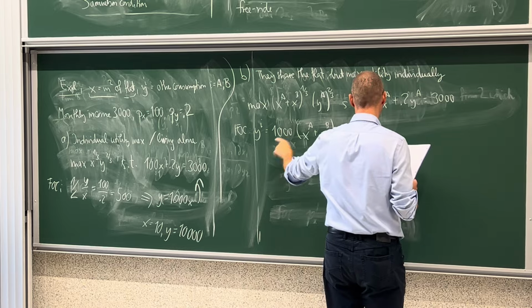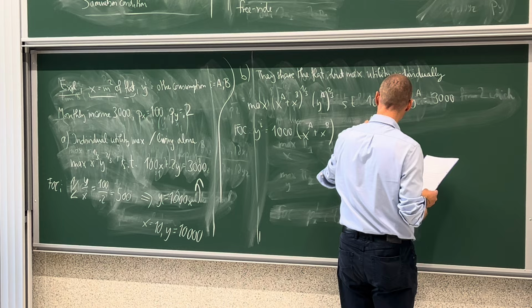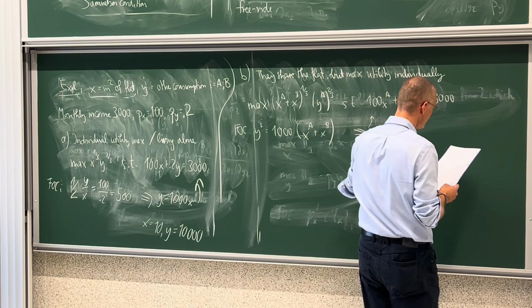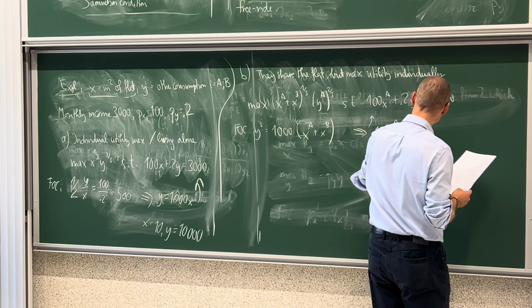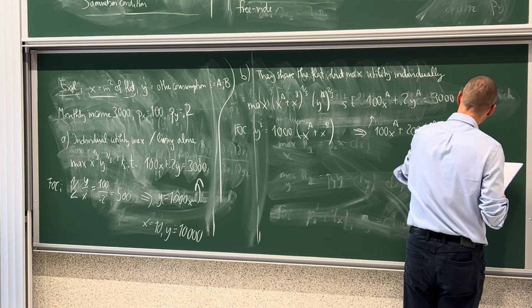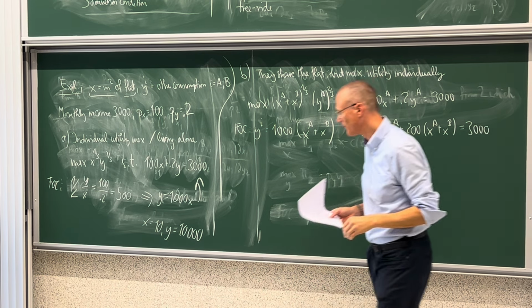So you divide again, you get 100 XA plus 200 times XA plus XB equal to 3000.